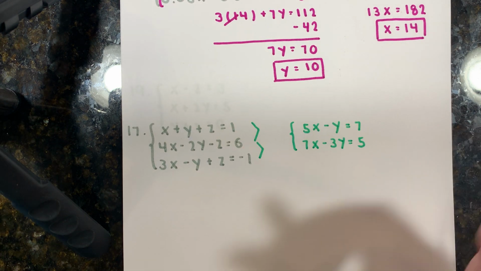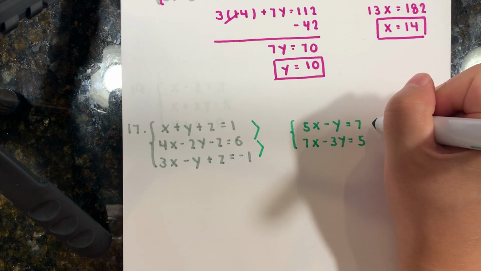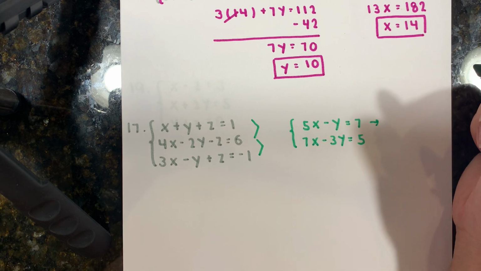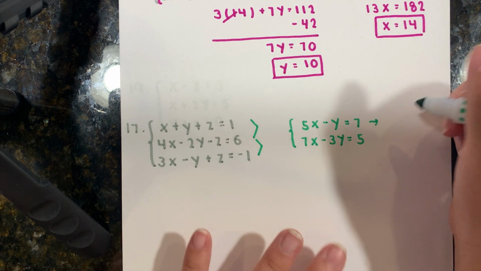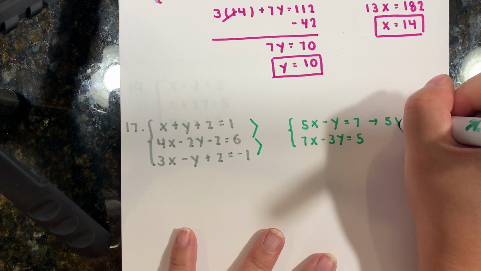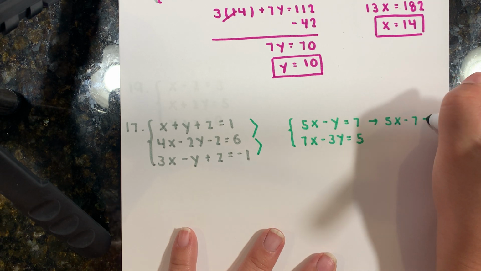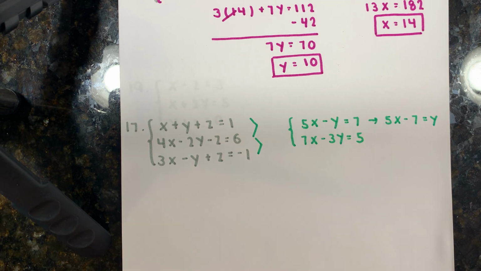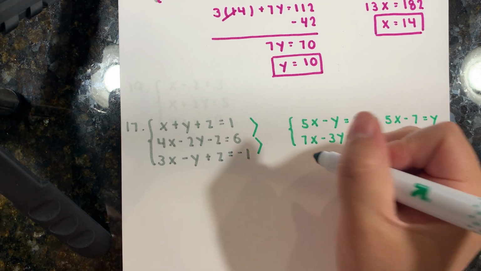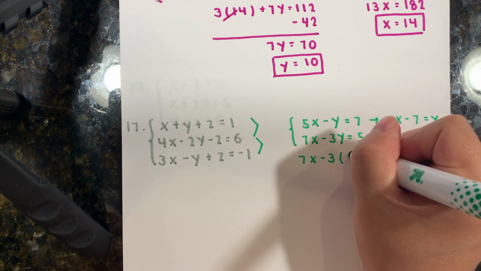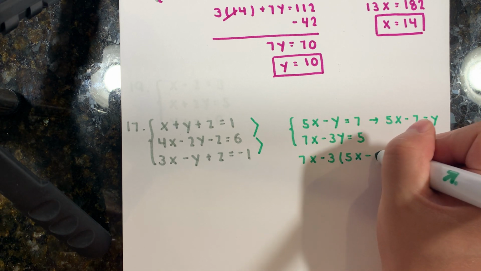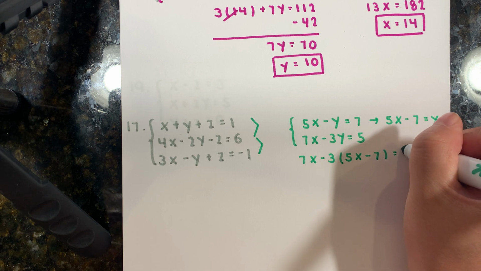Now you can do substitution or elimination on this one. What I would probably do is solve this top equation for y by moving the y to the right, moving the 7 to the left, which would make this 5x minus 7 is equal to y. Now you can do substitution, so that would be 7x minus 3 times 5x minus 7 equals 5.